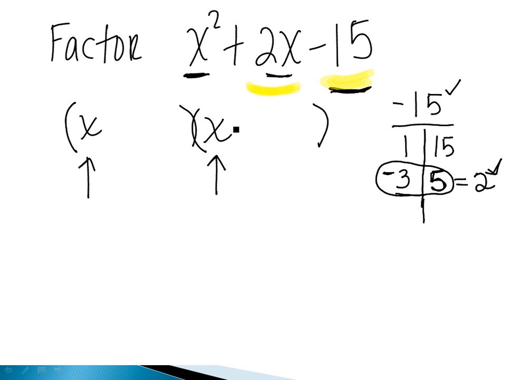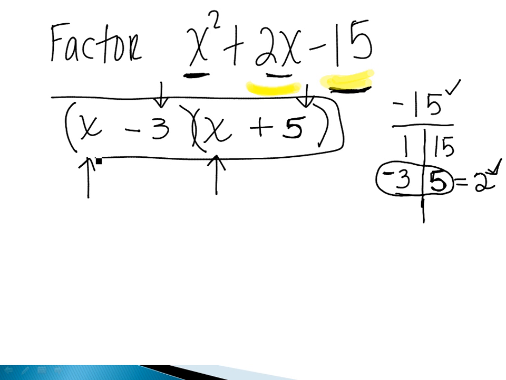Then for the last positions in each parenthesis, we put the numbers that worked for negative 15: negative 3, so we put minus 3, and positive 5, so we put plus 5. So this is our answer: x minus 3 times x plus 5.